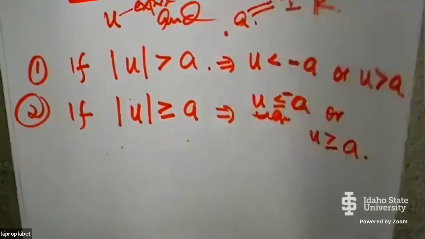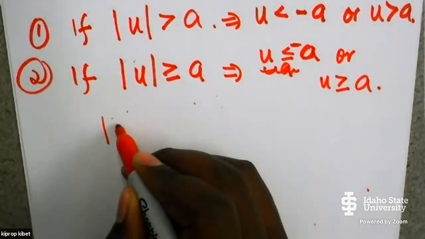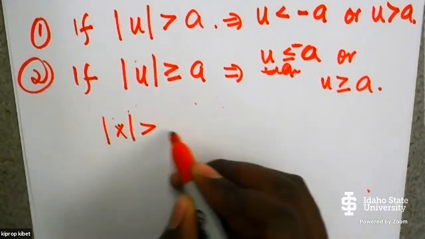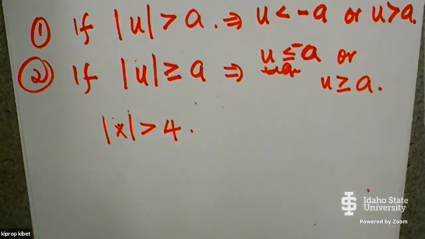For example, let's say we have the absolute value of x is greater than 4.